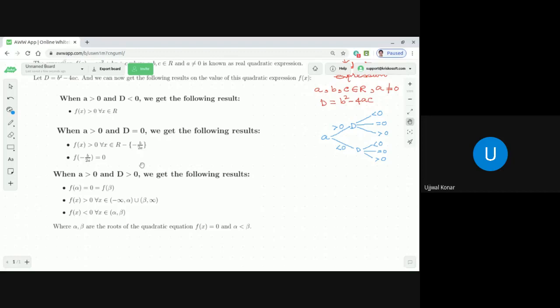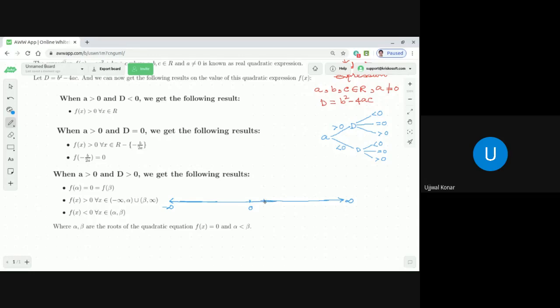That means, if I write in a number line representation, this is the number line, and it goes to plus infinity, this goes to minus infinity, this is the origin, that is the point 0. So we are assuming alpha is less than beta.